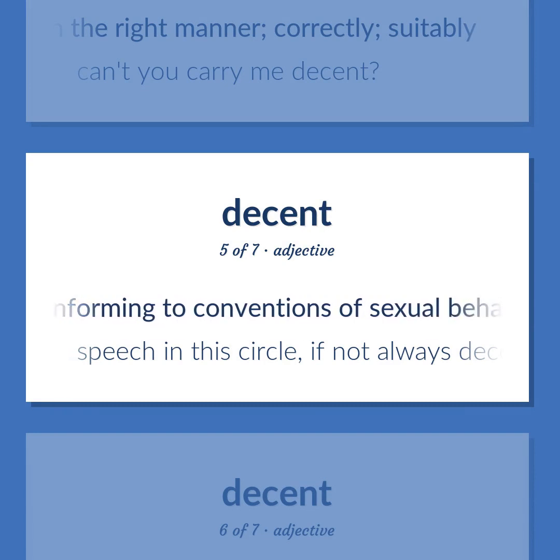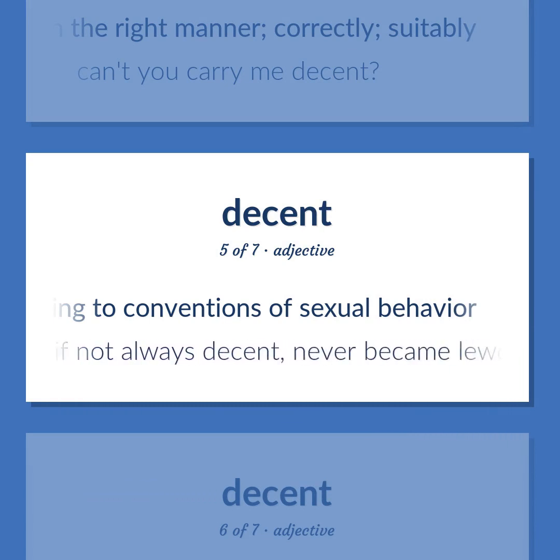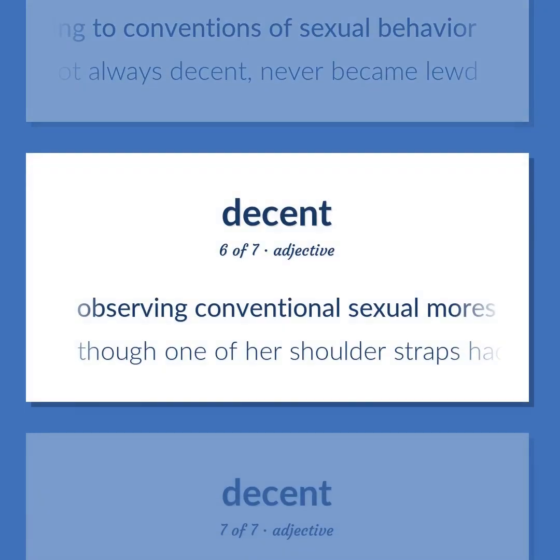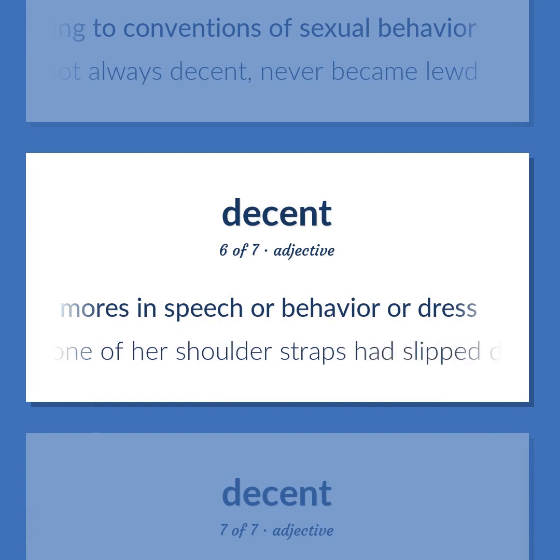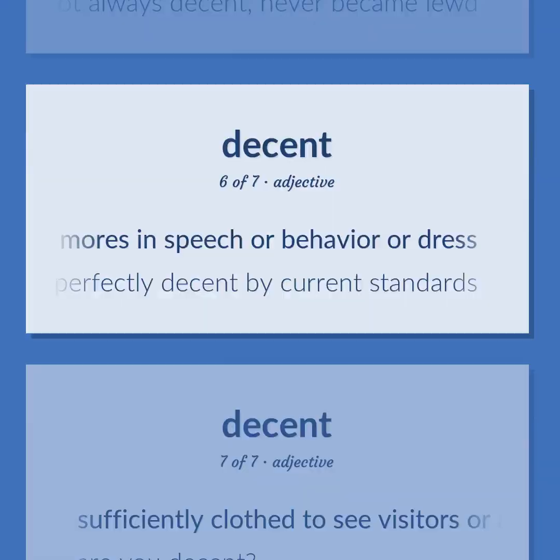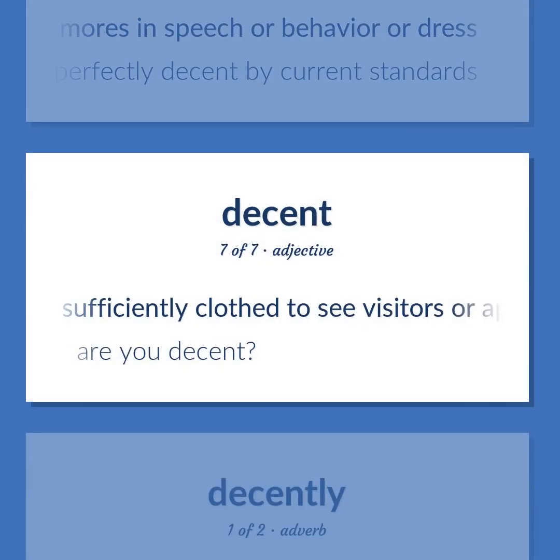Conforming to conventions of sexual behavior. Speech in this circle, if not always decent, never became lewd. Observing conventional sexual mores in speech or behavior or dress. Though one of her shoulder straps had slipped down, she was perfectly decent by current standards. Sufficiently clothed to see visitors or appear in public. Are you decent?